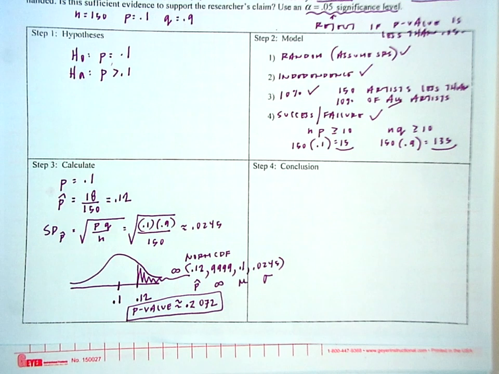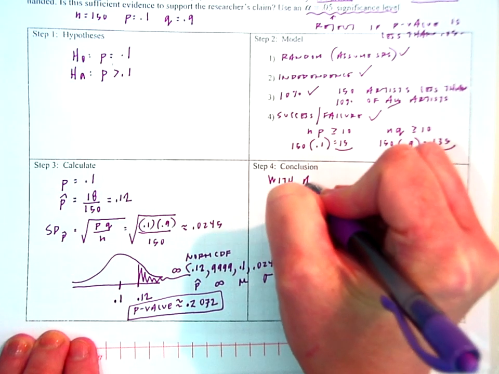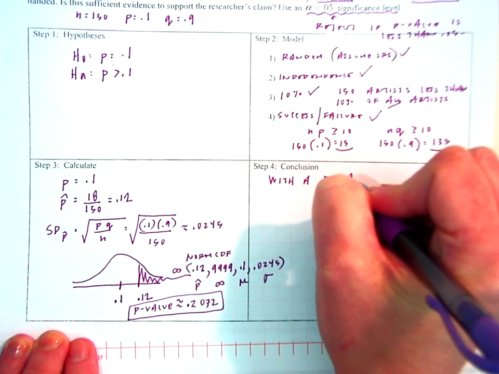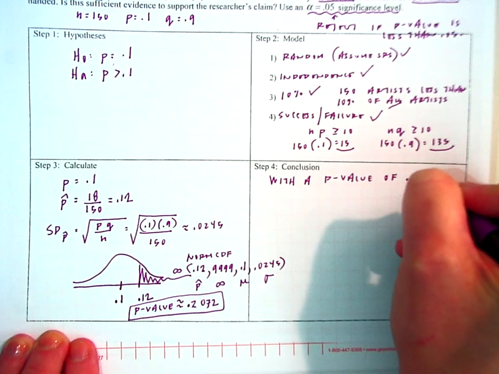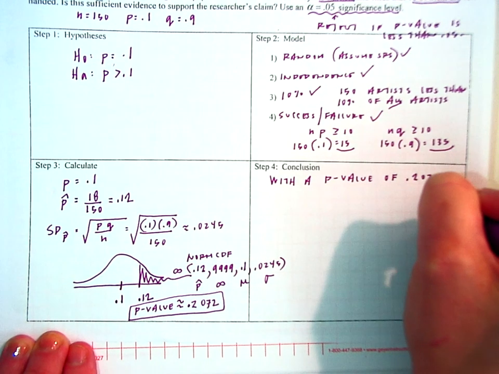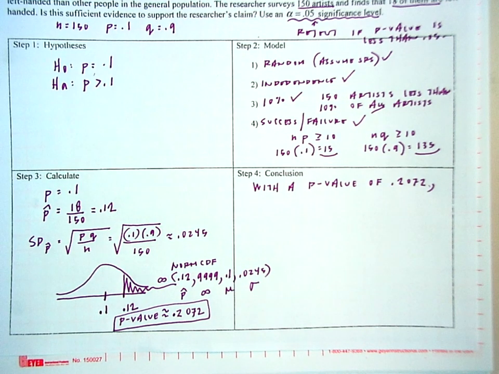So here, when I state my conclusion, I start with, here's my p-value. So with a p-value of 0.2072, we are either going to reject the null hypothesis or fail to reject the null hypothesis. So we're saying, how unusual is this?